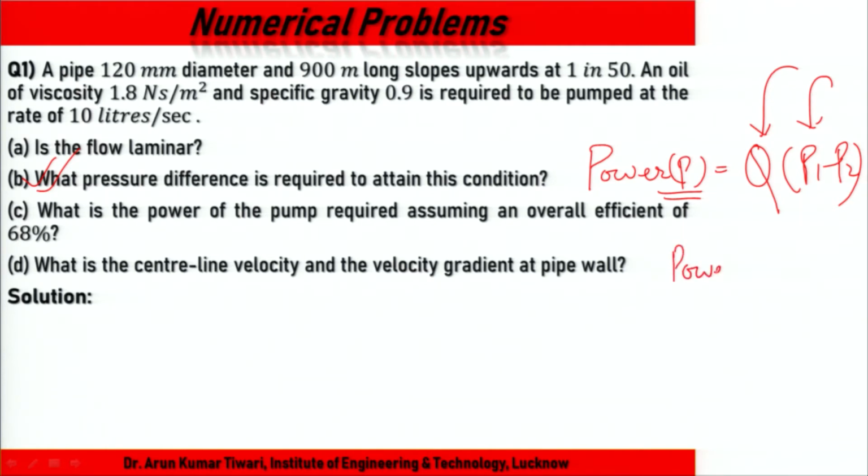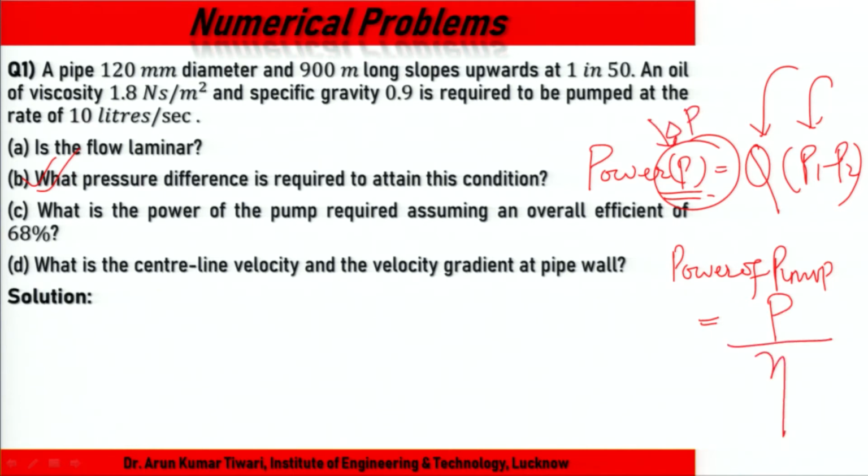Power of pump. How do we calculate power? This power, capital P or delta P Q, divided by the overall efficiency, and the overall efficiency given is 68%.